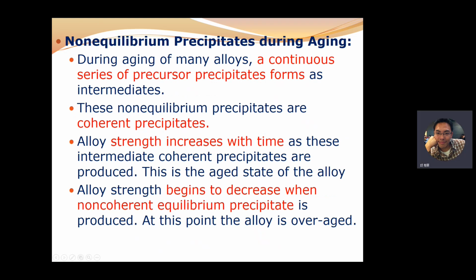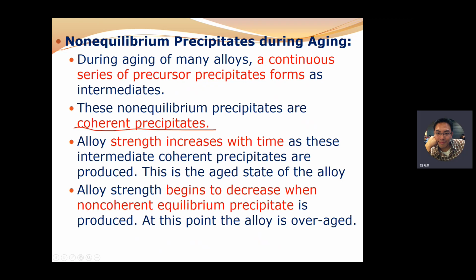Okay, now equilibrium precipitates during aging. During aging of many alloys, a continuous series of precursor precipitates forms as intermediates, and these non-equilibrium precipitates are coherent precipitates. We already know the coherent precipitate provides a good obstacle to block dislocation movement.